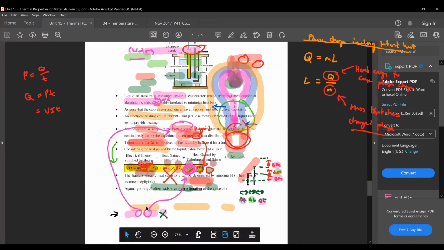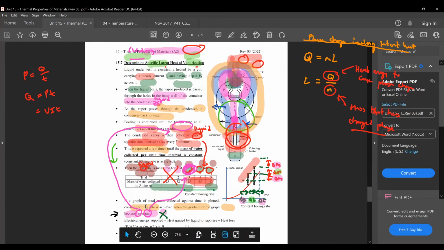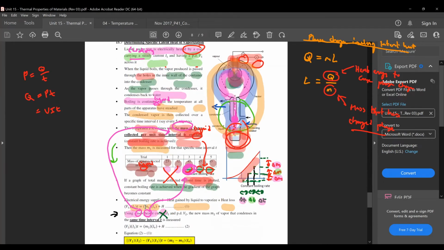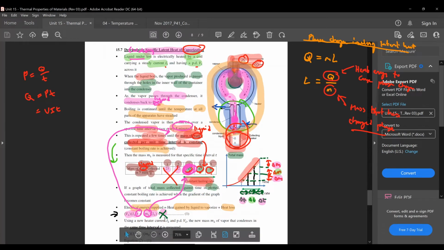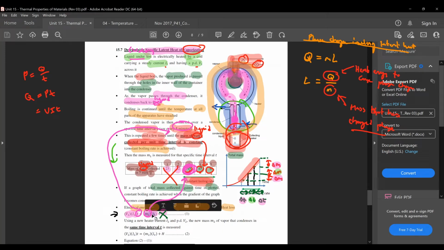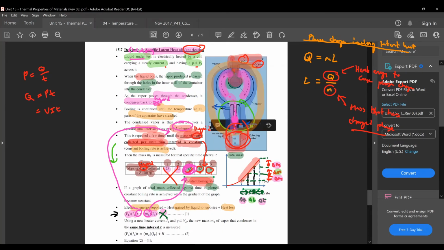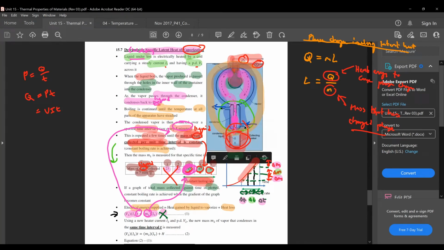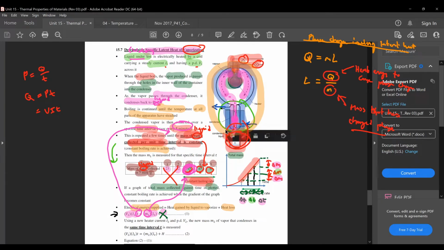But in your current case, when it comes to specific latent heat of vaporization, you cannot do the same thing. You cannot simply say that heat loss to the surroundings is negligible, so I can ignore it and move on to find L. No, you cannot do that. Because your apparatus here is quite large, with a beaker, a condenser, and a large container which contains another container.